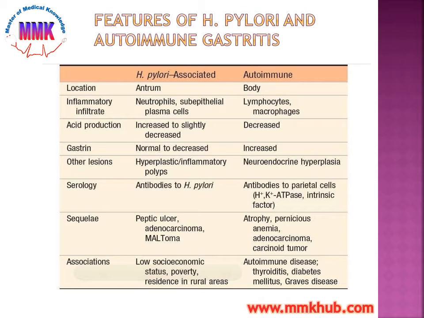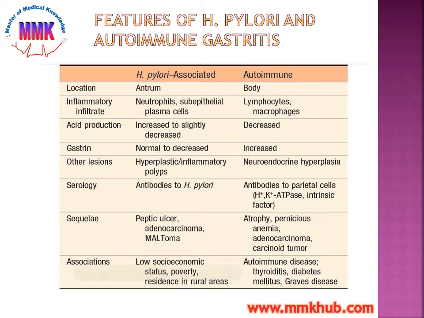Similarly, the serology will show antibodies to H. pylori titers in cases of H. pylori associated gastritis, while in autoimmune gastritis there are antibodies to parietal cells, hydrogen-potassium ATPase and intrinsic factor.